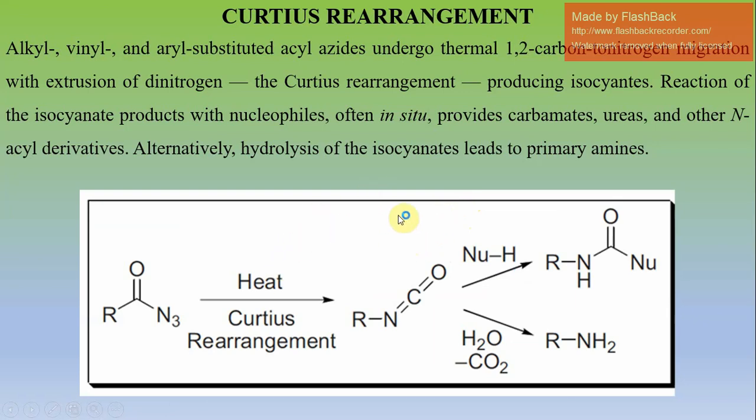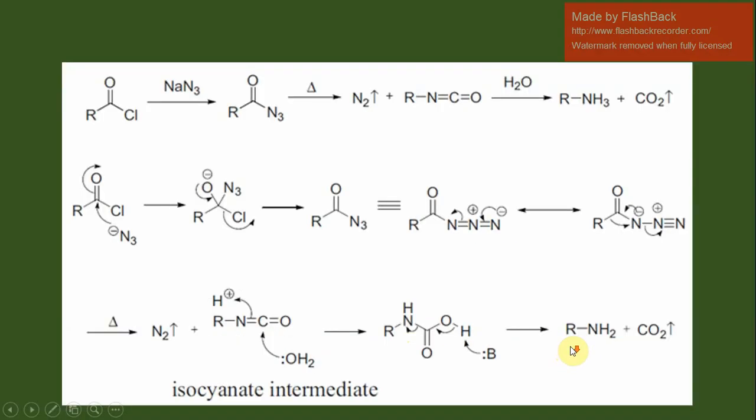This is Curtius rearrangement. This is also meant for the preparation of amines, where the starting compound is acyl azide. This on heating we end with the alkyl isocyanate, which on hydrolysis gives carbamic acid as usual. After decarboxylation it gives primary amine.